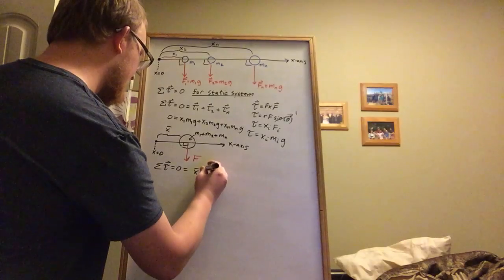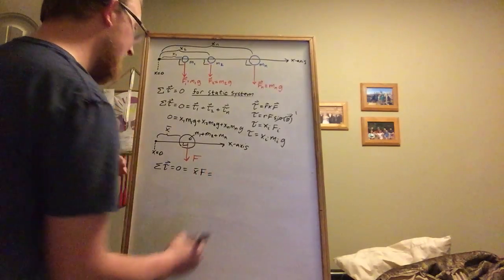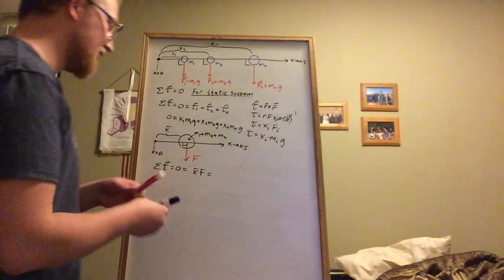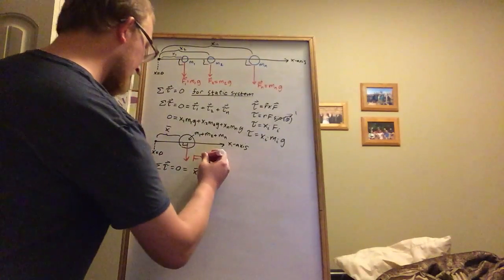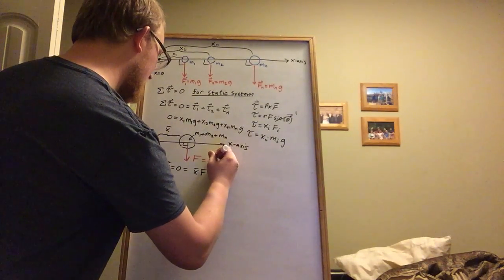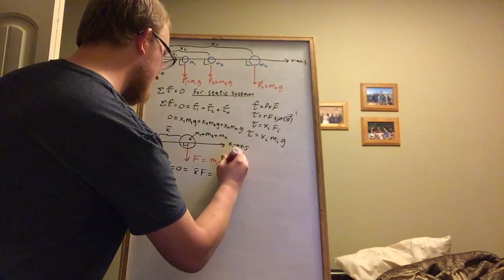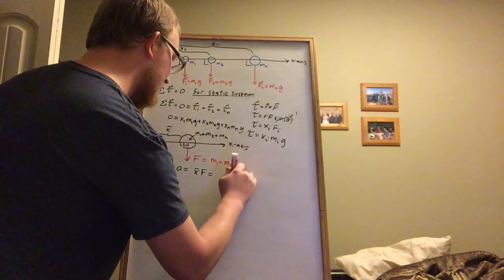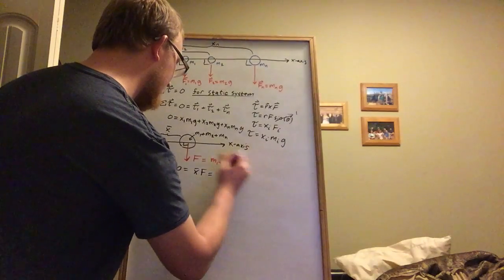times F. And in this case, F equals mass times acceleration, as usual. Still have g acceleration. So force is going to equal the masses, m1 plus m2 plus mn, times the acceleration.